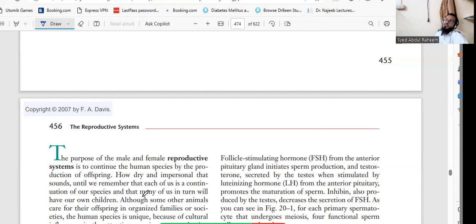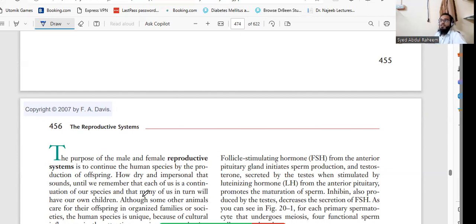For respiration, inhalation and exhalation, God gave the respiratory system. For digestion, you have the digestive system. For urine output, you filter the blood and get the urine, so God gave you the urinary system. Likewise, for the production of a new human, you need a system to produce a human that belongs to you.